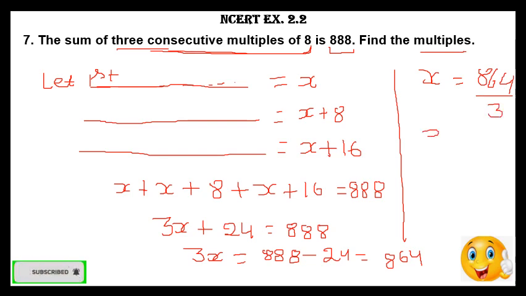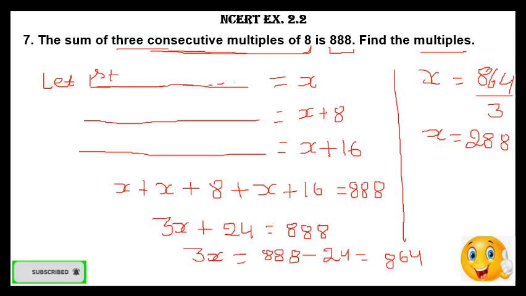So you divide 864 by 3: 3 goes 2 times, then 3 goes again 8 times, and then 3 goes again 8 times. So it comes to 288. So the very first multiple of 8 is 288, and 288 is divisible by 8.